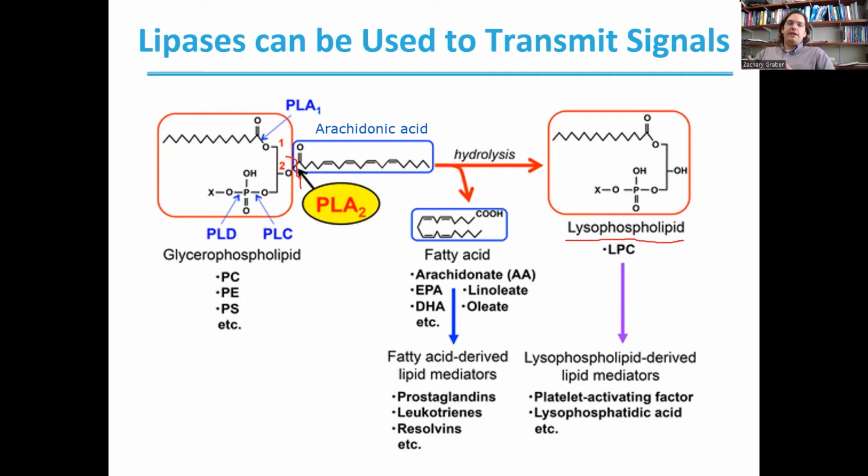Secondly, our lipases can directly create molecules that will affect our signaling pathways, such as what we saw with our phospholipase C that produced our diacylglycerol and inositol triphosphate to then trigger the activity of protein kinase C. And then, of course, we have our third example here, where we are producing products that are then used to synthesize other signaling lipids.